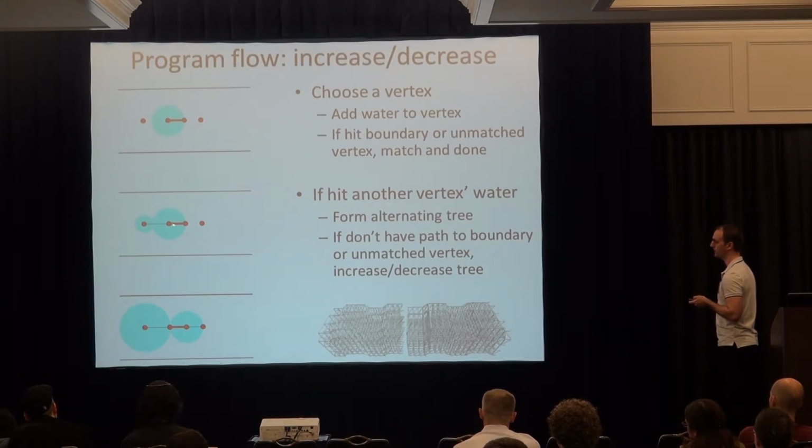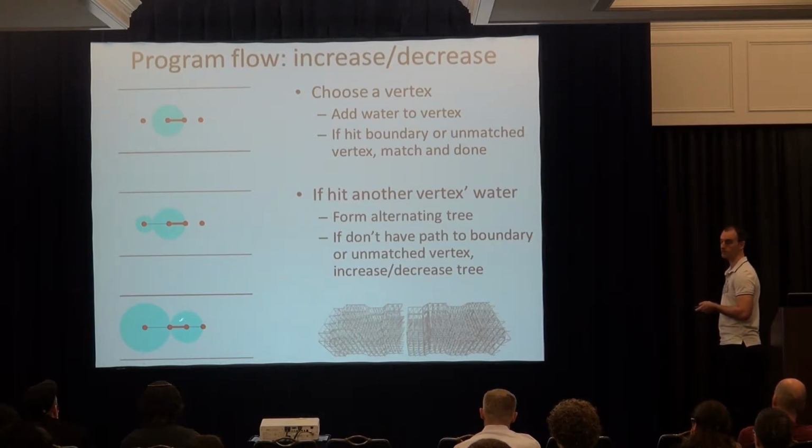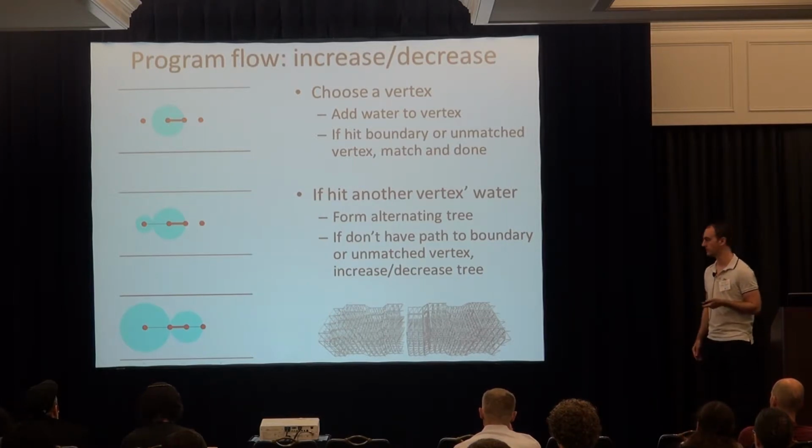This gets bigger, this gets smaller, this gets bigger. That's what you see down there, the extreme of that. This has grown to full size, this has shrunk to nothing. This has grown to full size, and fortunately has connected with something else of interest, an unmatched vertex. We now have an alternating path from root to leaf, and you augment that. You match your vertices.